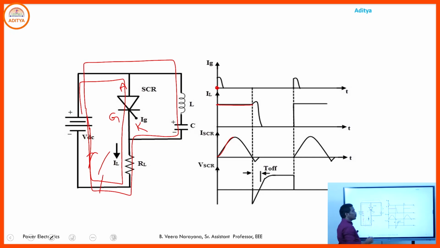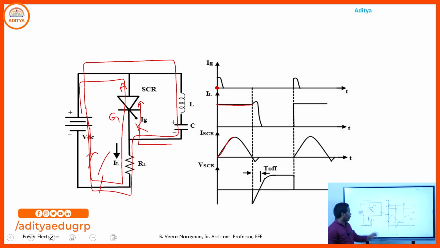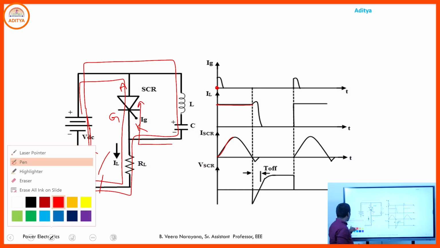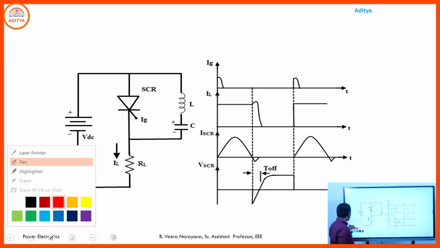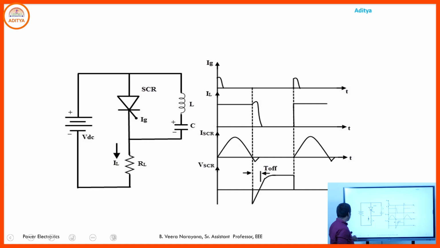Whenever the capacitor is fully charged, it starts discharging. That discharging current opposes the current flowing through the SCR. When this capacitor discharging current dominates the current through the SCR, the SCR goes to the off state.